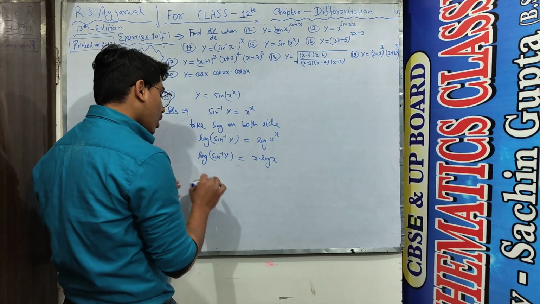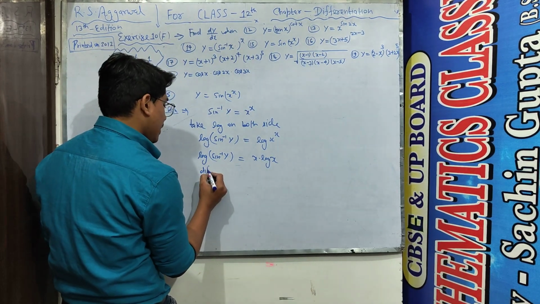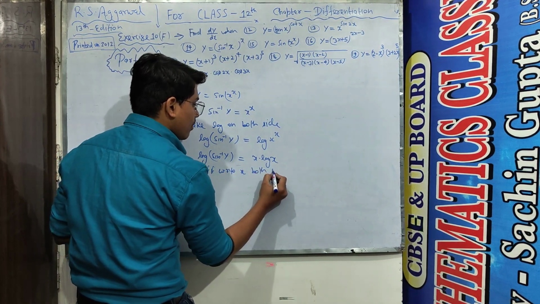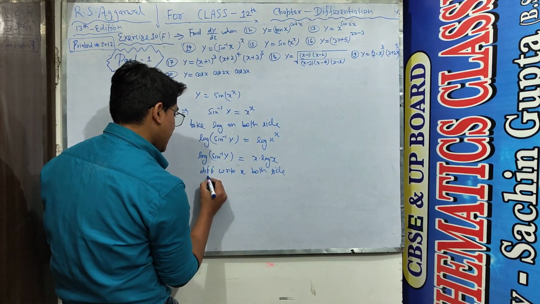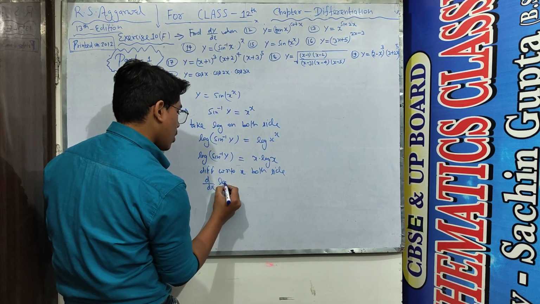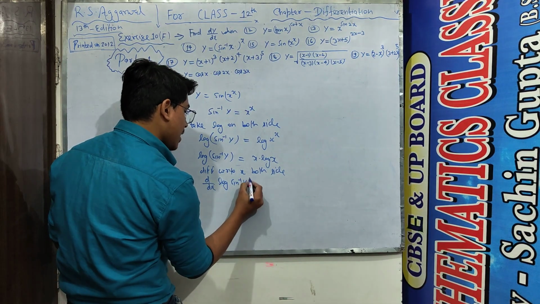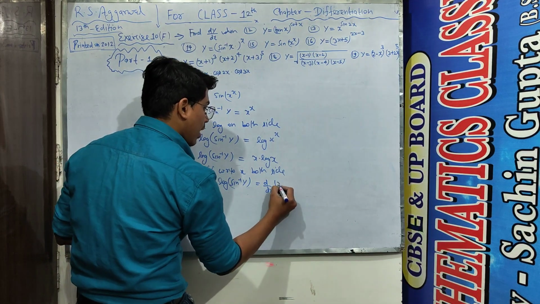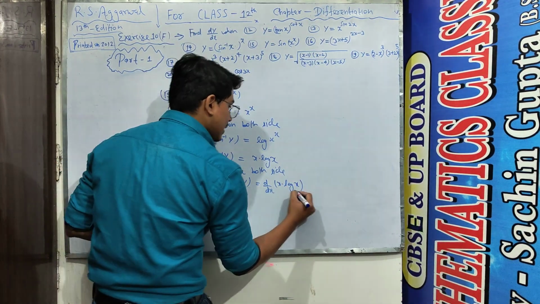Now I differentiate with respect to x on both sides, so it becomes d by dx of log sine inverse y, and d by dx of x times log x.